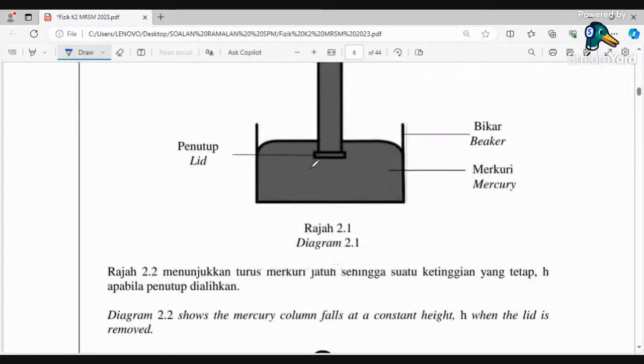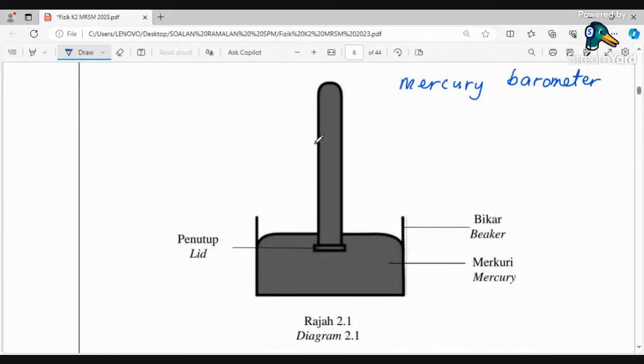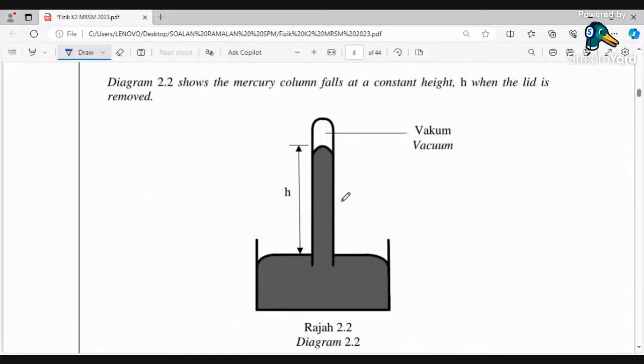In the first one the lid is not yet removed, so you can see there is no air inside the tube. But when the lid is removed, you can see it makes a space, a vacuum, at a certain length. So this part is vacuum.